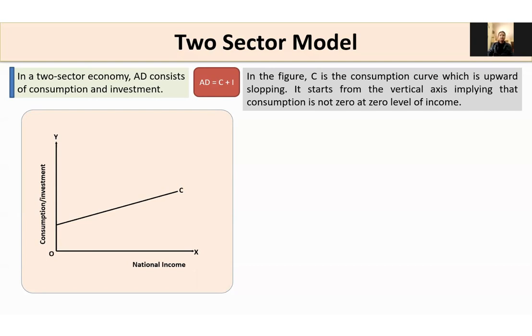It starts from the vertical axis, implying that consumption is not zero at zero level of income. Because of the positive relationship between consumption and the level of income, the consumption curve is upward sloping.